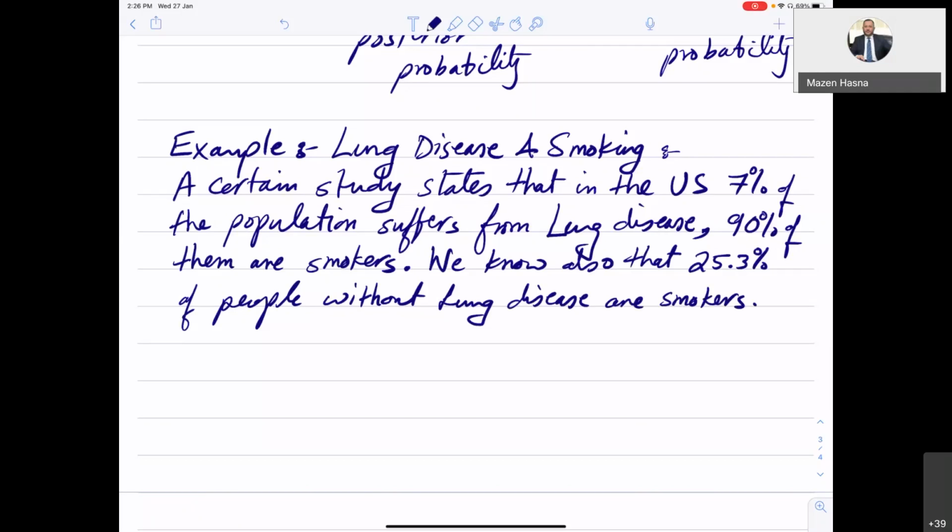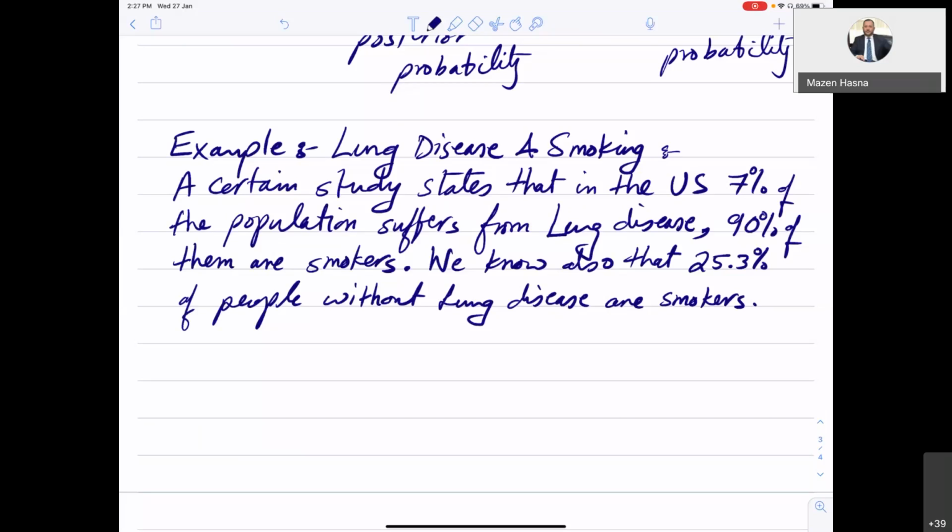So we said 7% of the population, they have lung disease. The remaining 93% of the people, or the remaining 320 million, they do not have lung disease. Those remaining 320 millions, 25%, almost one quarter of them, they are smokers.